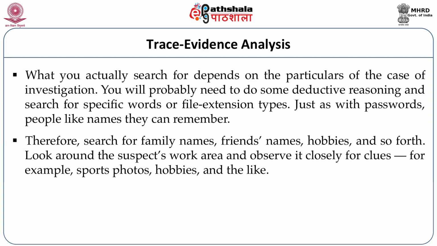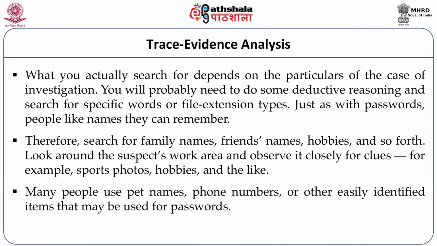People usually like names they can remember, such as family names, friends' names, and hobbies. So to find out the password, the investigator has to look around the suspect's work area and observe it closely for clues such as sports, photos, hobbies, pet names, phone numbers, and other identifiable items.